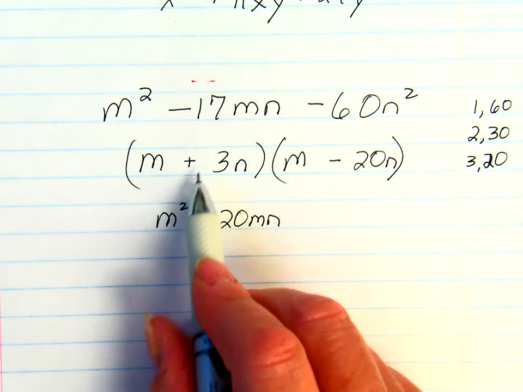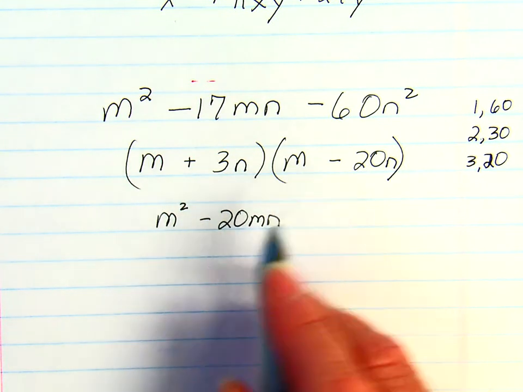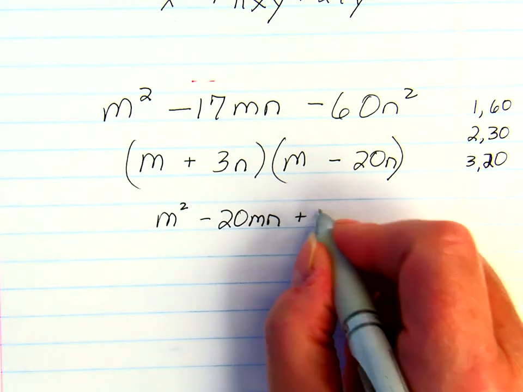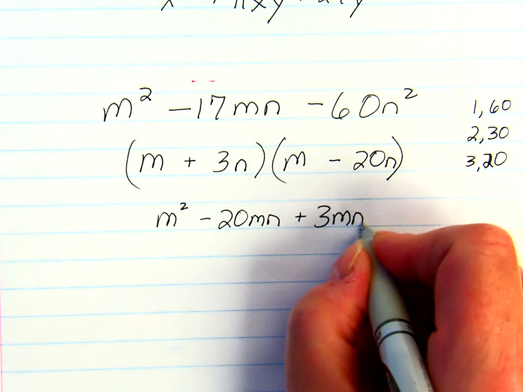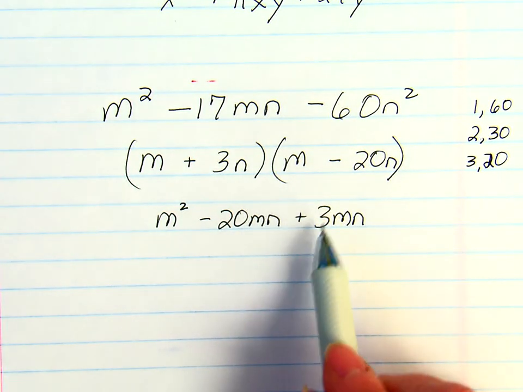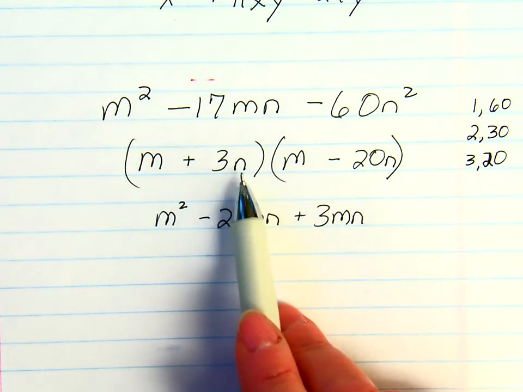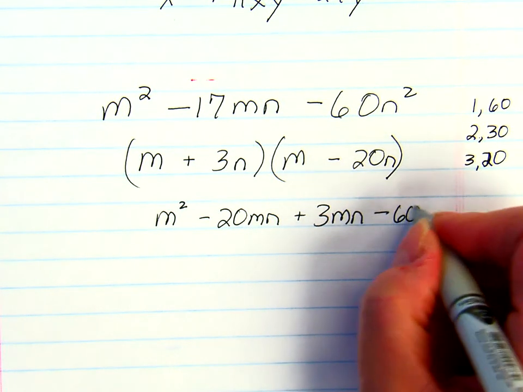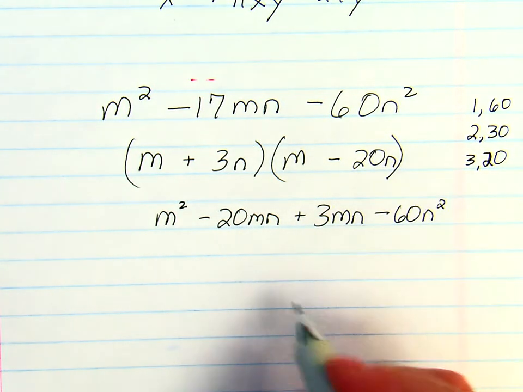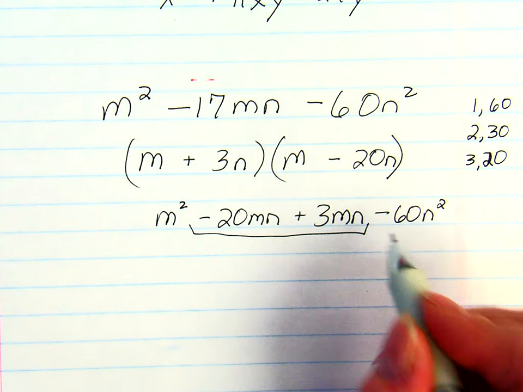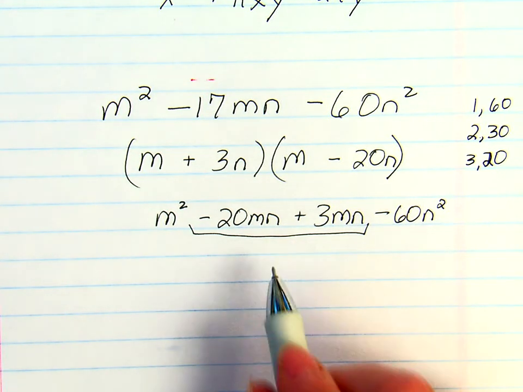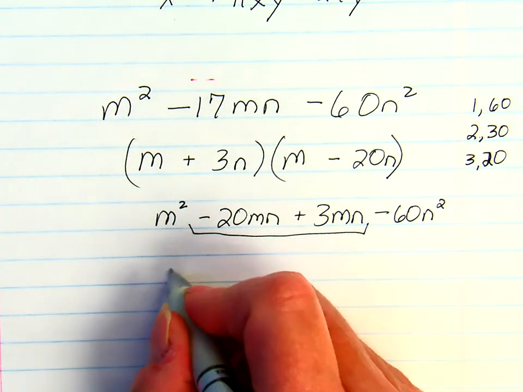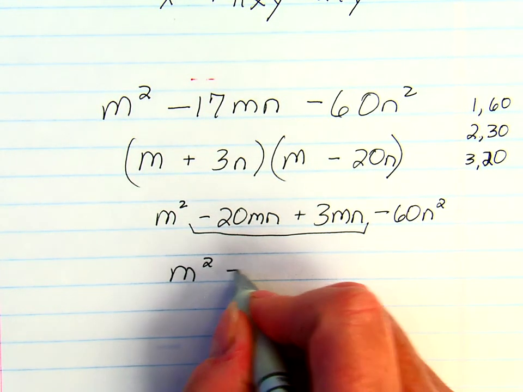Inside, positive 3n times m, so this is plus 3mn, keeping it alphabetical again. And then positive 3n times a negative 20n, which makes a negative 60n squared. Combining my center terms there, and I've got m squared minus 17mn minus 60n squared.